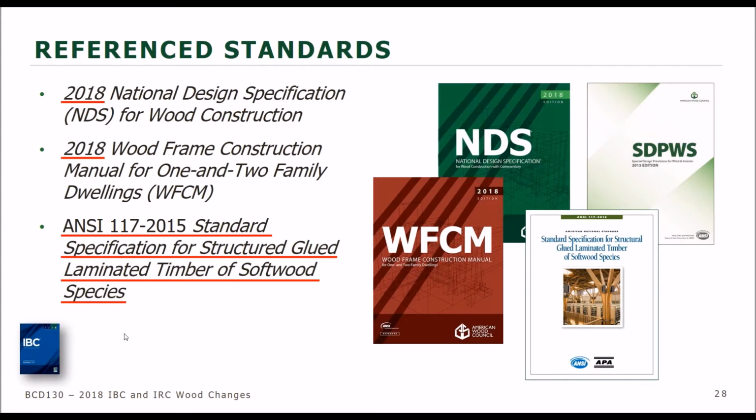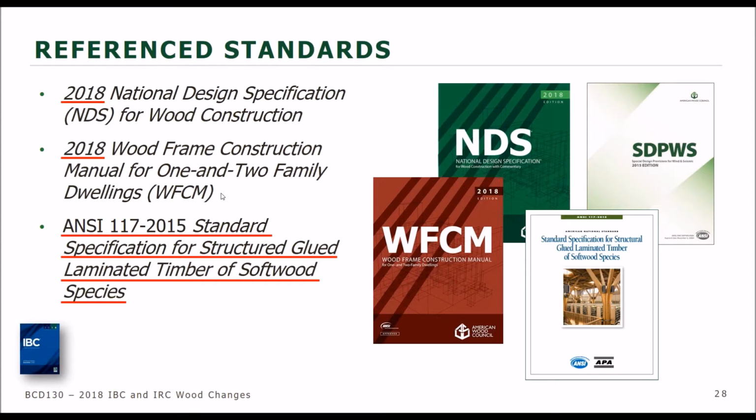And we have an updated 2018 NDS and a 2018 wood frame construction manual. And you should note that although the title says wood frame construction manual for 1 and 2 family dwellings, there are some provisions within the IBC to allow it for actually all occupancies, provided it meets the criteria or the limitations of the wood frame construction manual and those listed in the IBC.